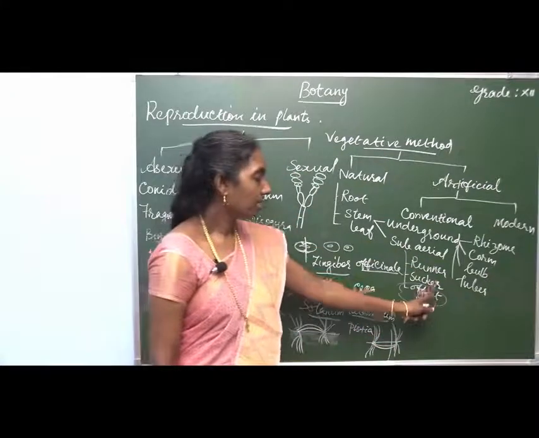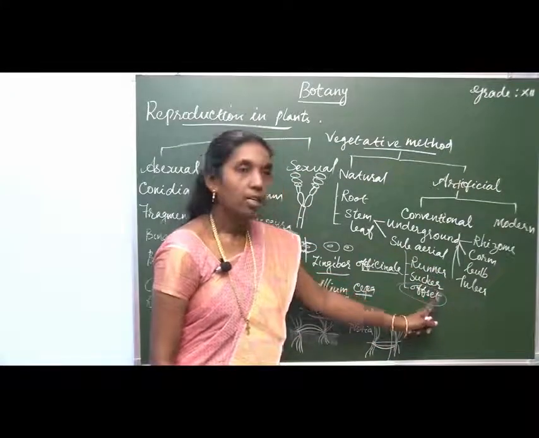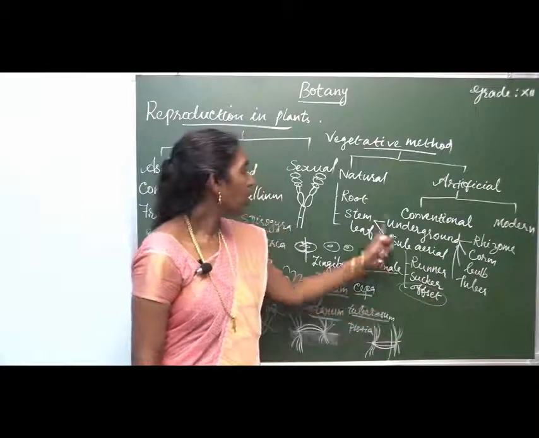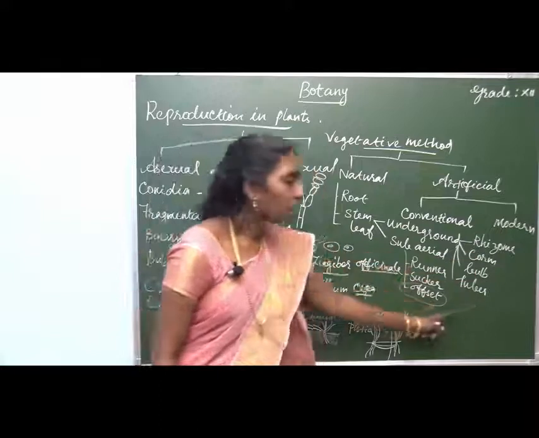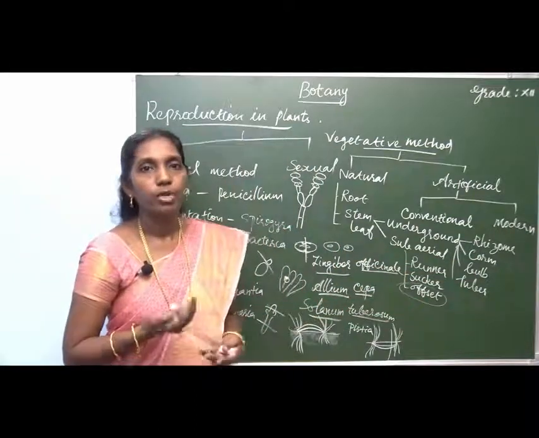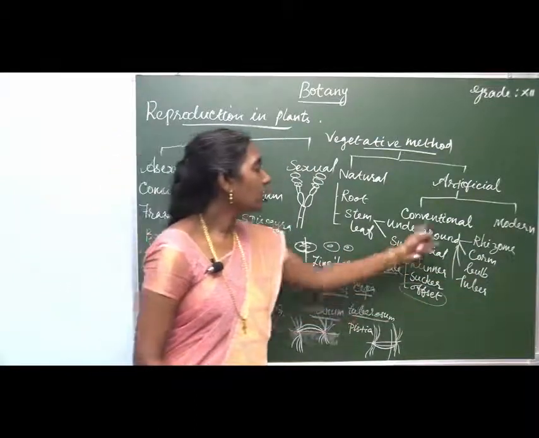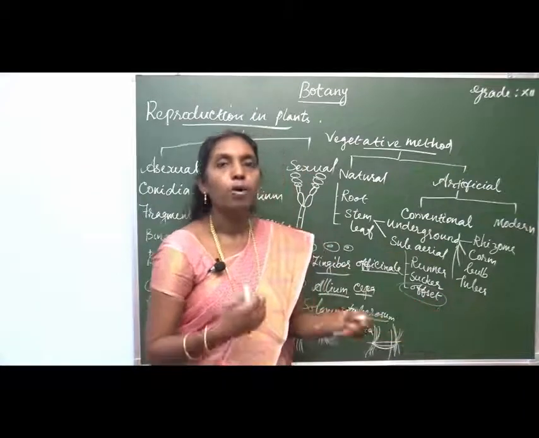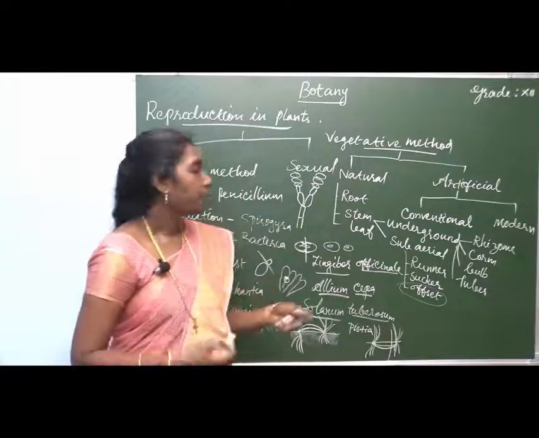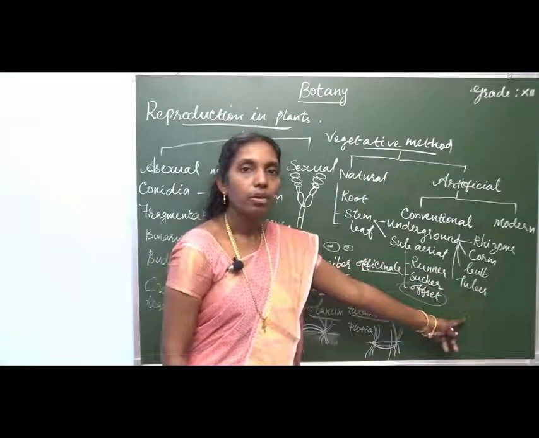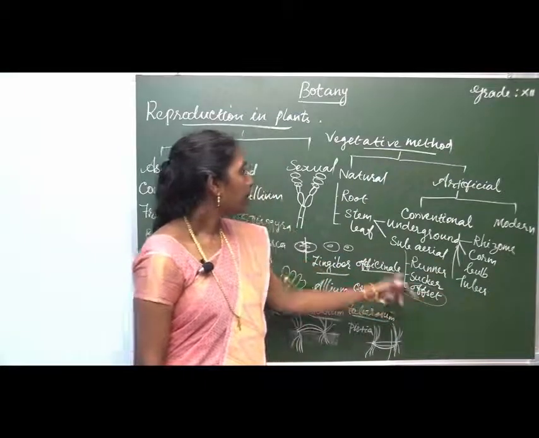That is sucker. So, runner, sucker and offset are examples of subaerial modification. These all are able to propagate into a new species. So, these parts are called propagules, reproductive propagules. They produce the new species.